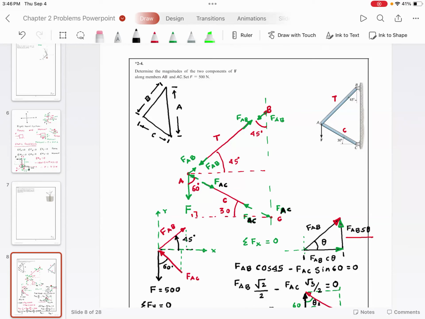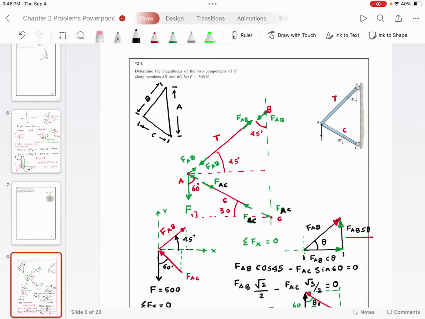From geometry, we know that the length of the triangle is proportional to the angle that it prescribes.